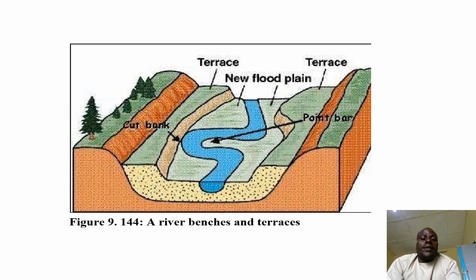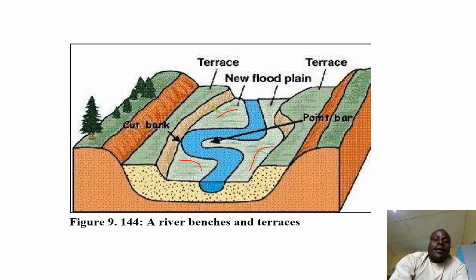If you check on this diagram, this river is flowing in its flat plain. This flat area neighboring the river is a flood plain. This one here and this one.